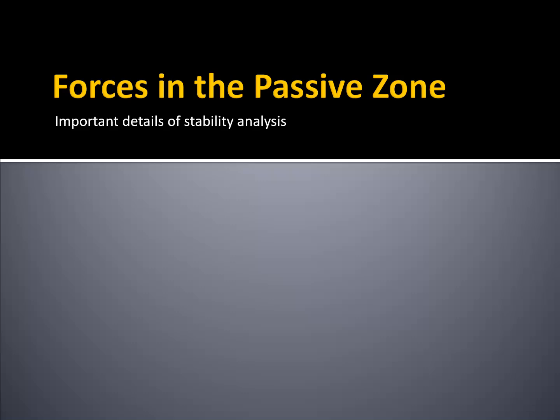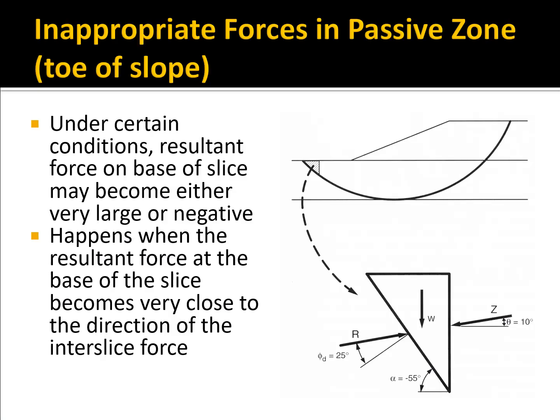Okay, our final topic in important details deals with forces in the passive zone. And the passive zone is the toe of the slope, right down here, and you have a triangular wedge when you're doing the method of slices.